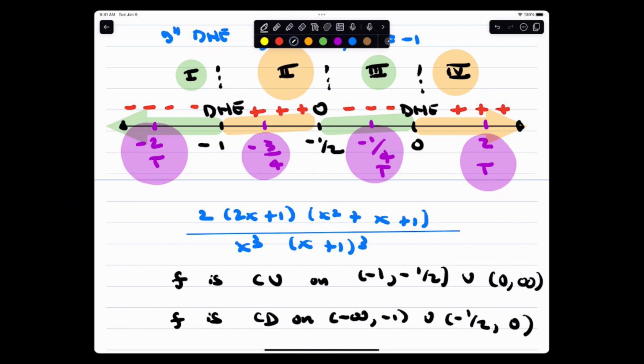Now, let me ask you guys this important question because a picture's worth 1,000 words. Are there any inflection points? Yes. Where are they?